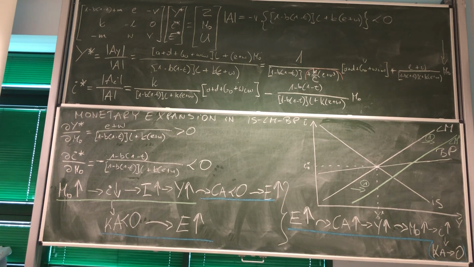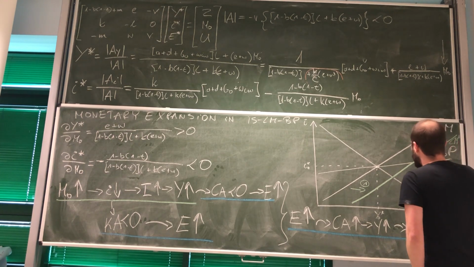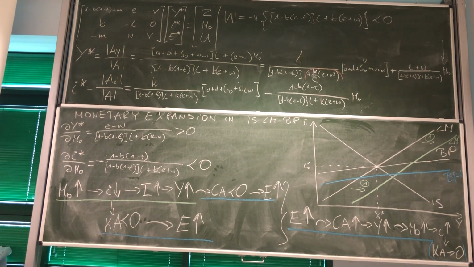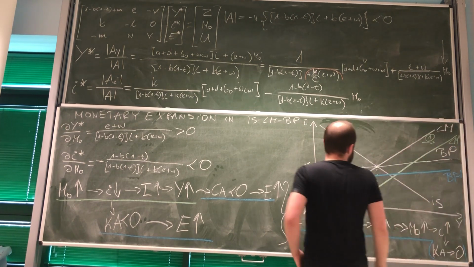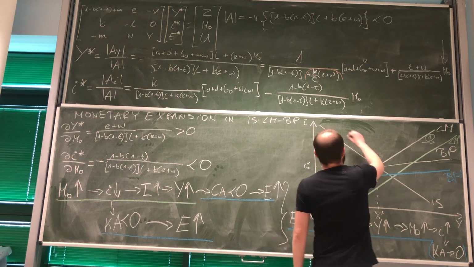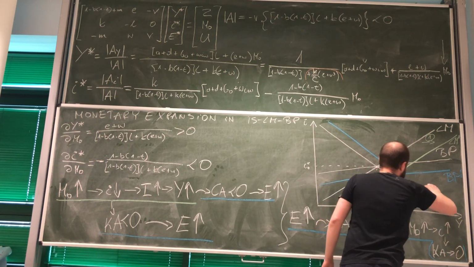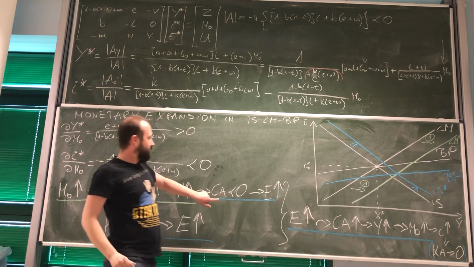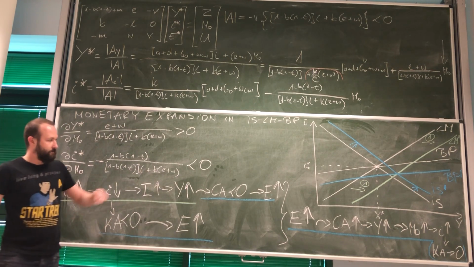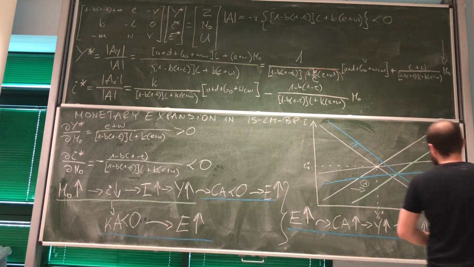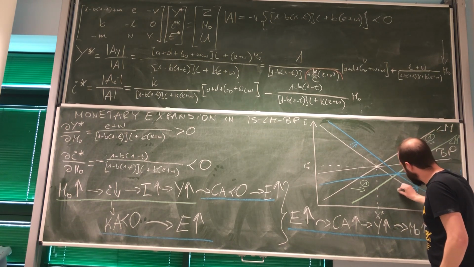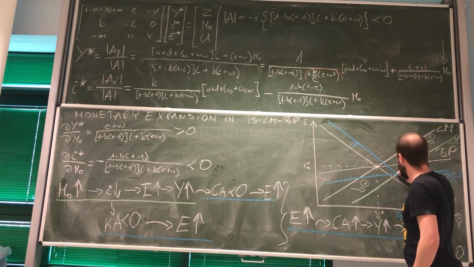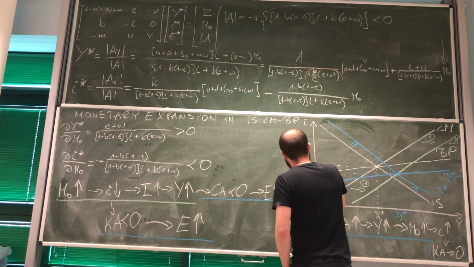So, first, we see depreciation of the currency, and depreciation of the currency means that BP moves to the right or downwards, and IS moves upward as a result of improvement in the current account. And look, as a result, we see a new equilibrium level of income and interest rate.